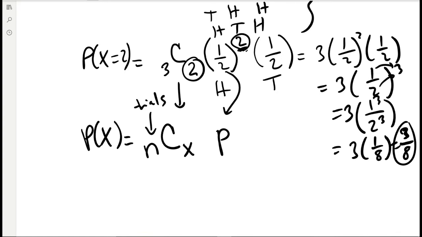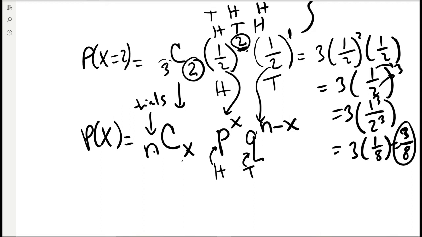That's because we wanted 2 heads. So in this case, if this is x, well then this has to be x. So P to the x power. And then what is this guy? That is just going to be Q. We call that Q, which is the probability of failure, which in this case, remember, success is heads and failure is tails. And then that's raised to the 1 power. How do we get 1 power? Well, we had a total of 3 trials. 3 take away 2 is 1. So it's going to be n minus x.